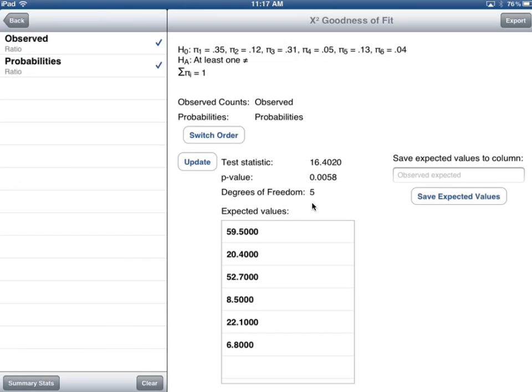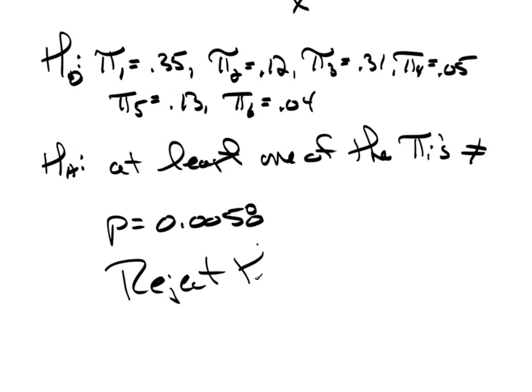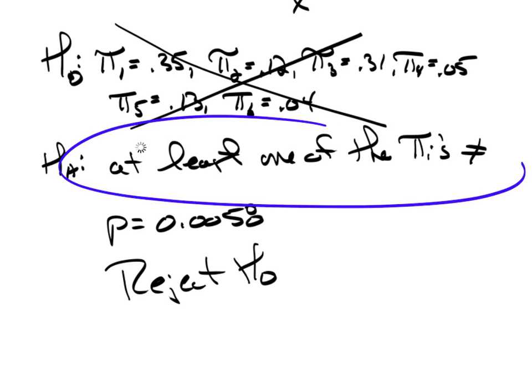Remember the 6 categories, degrees of freedom was k minus 1, 6 minus 1 was 5. And here's the p-value, 0.0058. So based on this p-value, we would reject the null hypothesis, and we would then obviously conclude that somebody is different, that this racial or ethnicity distribution from the sample does not statistically fit the actual population.